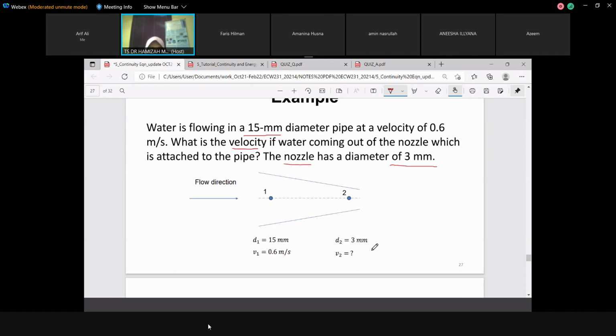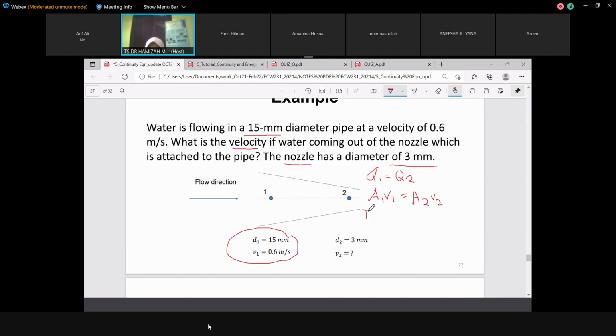So V2 is unknown. Just use the formula, write down the equation. Q1 equals to Q2, A1 V1 equals to A2 V2. Okay, at this point you can already calculate because you have all the information here. The velocity is given. D, you need to find the area.